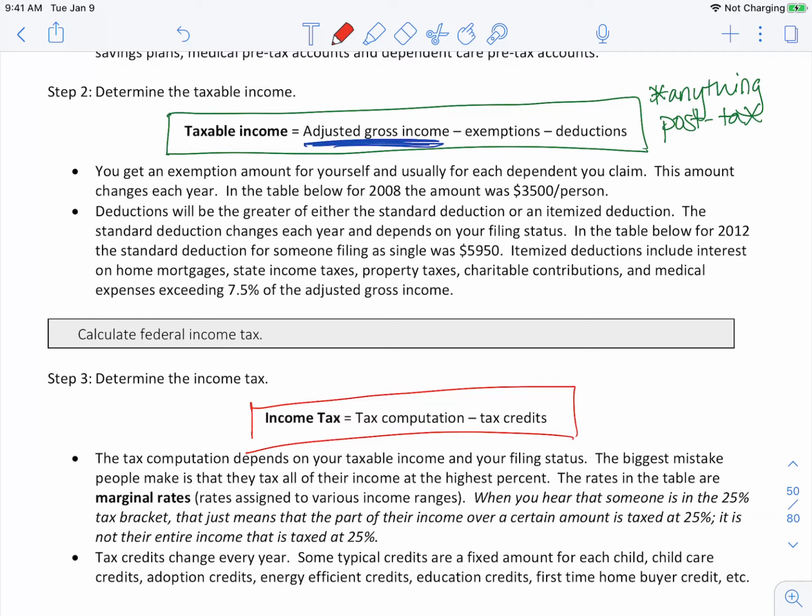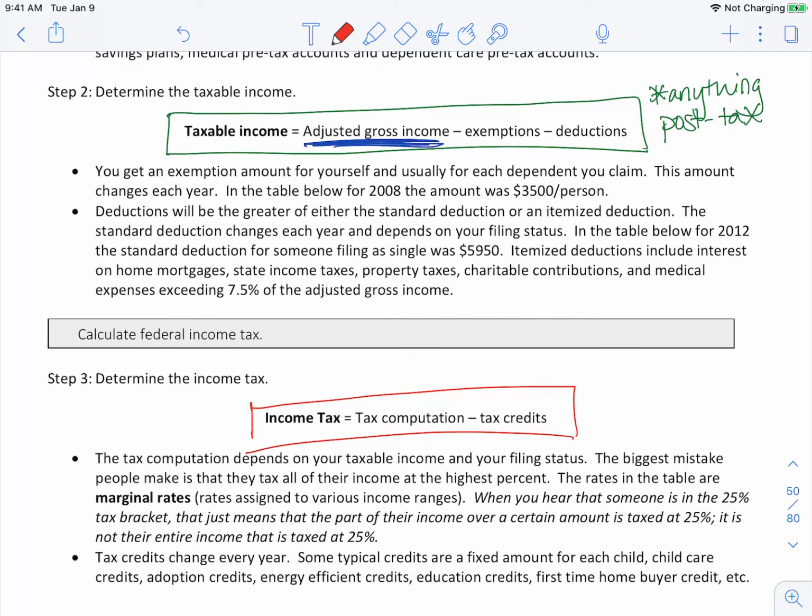The biggest mistake people make is that they tax all of their income at the highest percent. The rates in the table are marginal rates, or rates assigned to various income ranges. When you hear that someone is in the 25% tax bracket, that just means that the part of their income over a certain amount is taxed at 25%. It is not their entire income that is taxed at 25%.